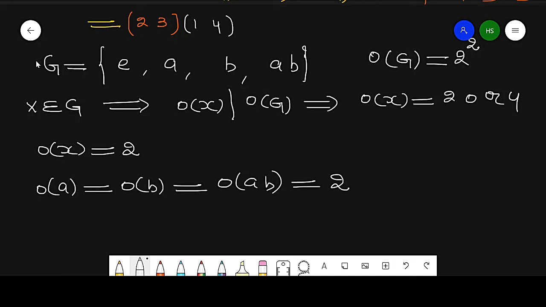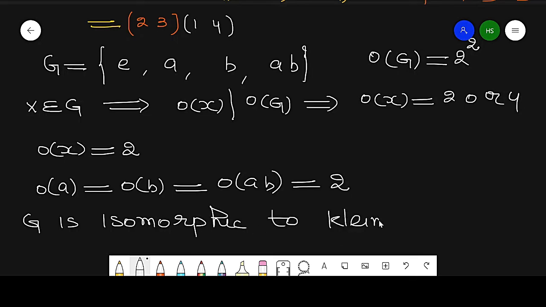So this group G is isomorphic to the Klein 4 group, because they have the same order and are of this kind.